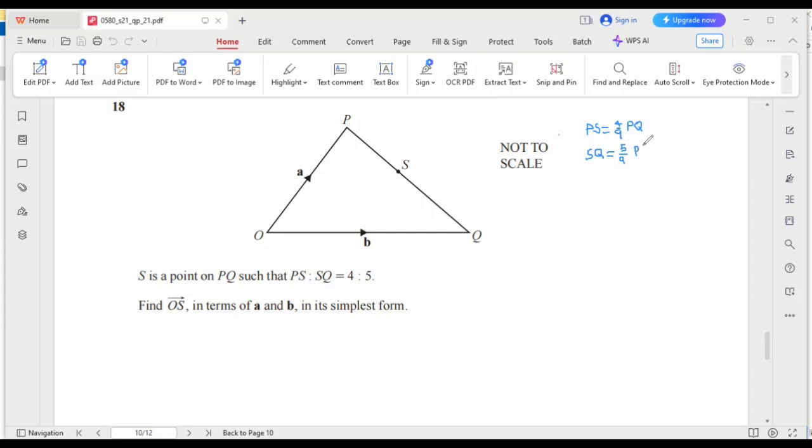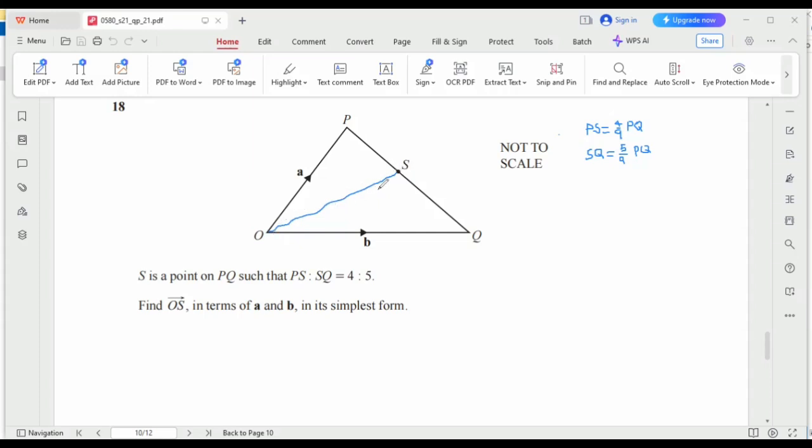So now let's analyze the question better. The question says we should find OS in terms of A and B in simplest form. So we're looking to go from O to S. The thing with vectors is if they tell you to find OS, they are telling you to go from this point O to this point S without going through this straight line.